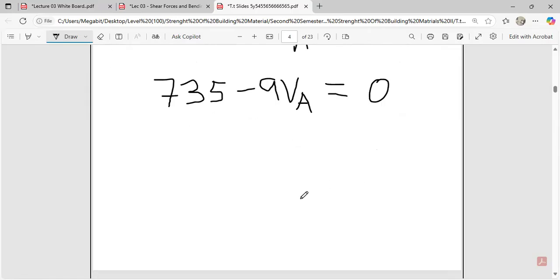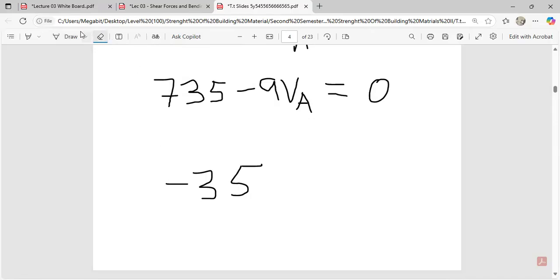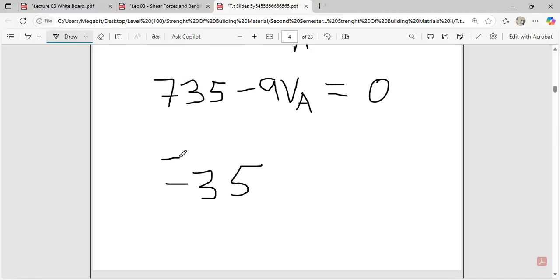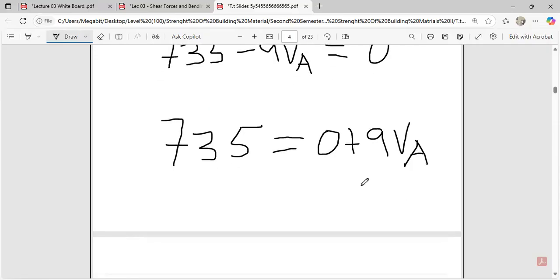From here, we can group like terms. We maintain the 735 is equal to 0 plus 9 VA, because if 9 VA moves to the right hand side across the equal sign, it's going to become positive.